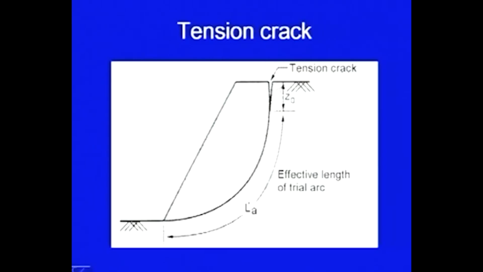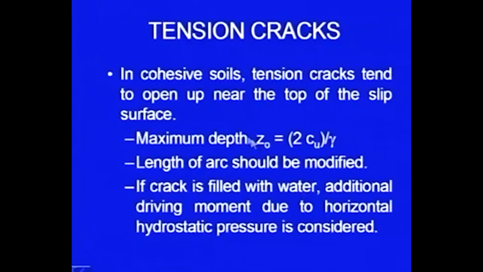And what happens because of this tension crack is that the available shear strength which we get will be only from the remaining length, which is termed here effective length of the trial arc. So, the maximum depth theoretically you can calculate, it will be 2 Cu upon gamma, and correspondingly when we do the analysis, if this tension crack is likely to develop, then length of the arc should be modified, it should be reduced.